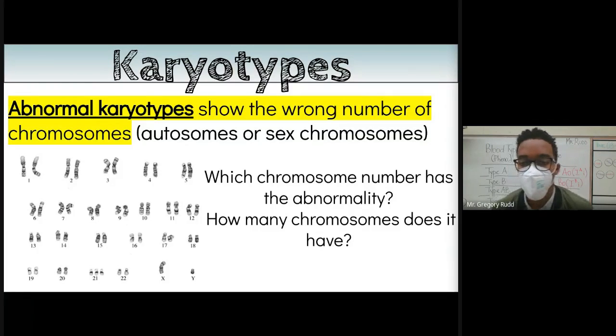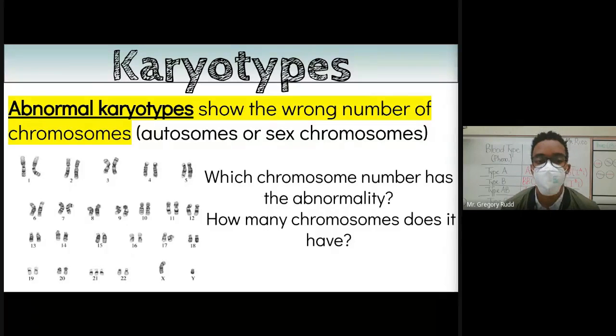So go pair to pair. Go from the first pair to the second to the third, and see if you see one that is missing a chromosome or one that has an extra chromosome.